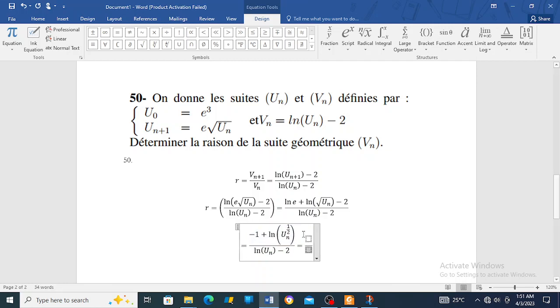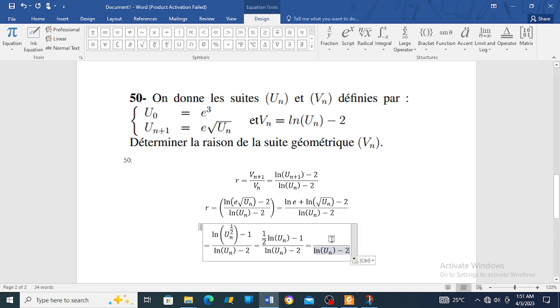So our denominator is the same, but the numerator becomes: we can write the negative 1 here, so we have instead half times the ln of un, minus 1. Now in the numerator we can do the LCM, and we are going to have half times the ln of un minus 2.